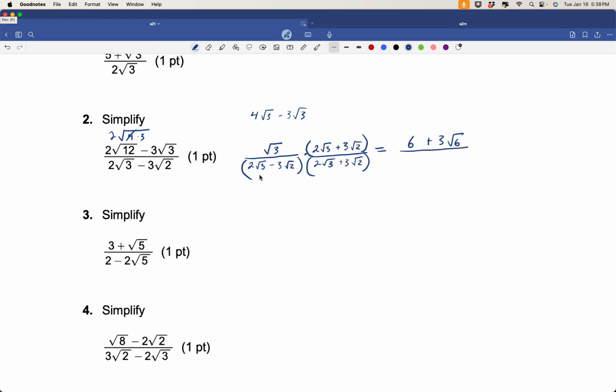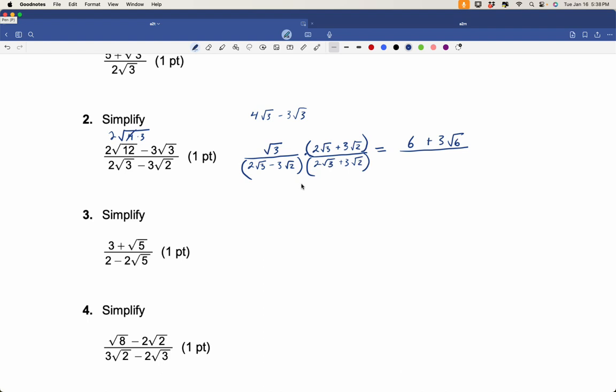And one of the things that we know, if you notice there's a pattern, whenever you have the inner and the outer multiplied times each other with conjugation, those terms cancel each other out because one is going to be negative and one is going to be positive. So you have a negative 3 times square root of 2 times a positive 2 times square root of 3, and then a positive 2 times square root of 3 times a positive 3 times square root of 2. So these are going to cancel each other out.